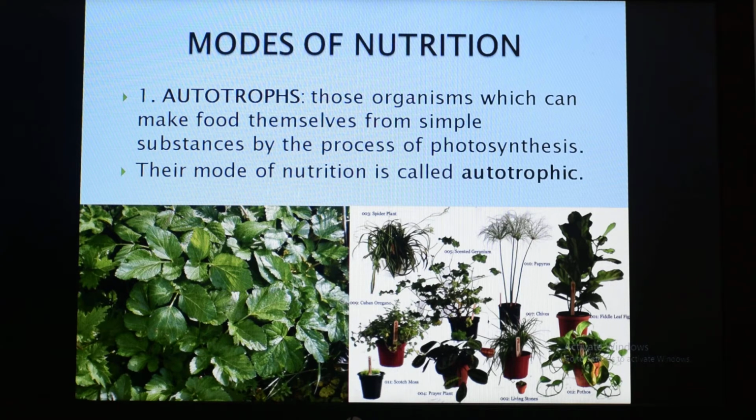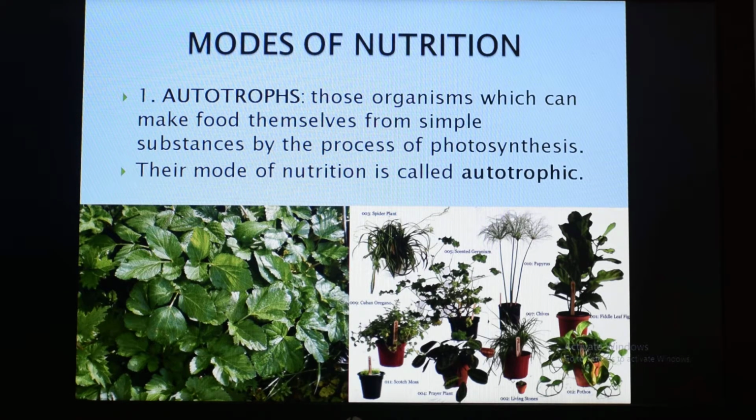Our body cannot make food from carbon dioxide and water present around us by the process of photosynthesis. This is because our body does not have the green color pigment called chlorophyll, which the plants have.